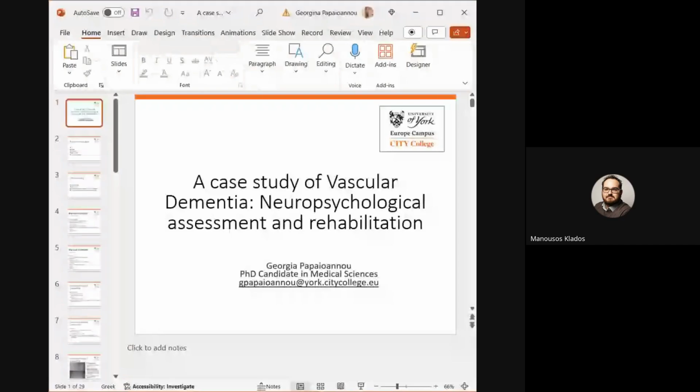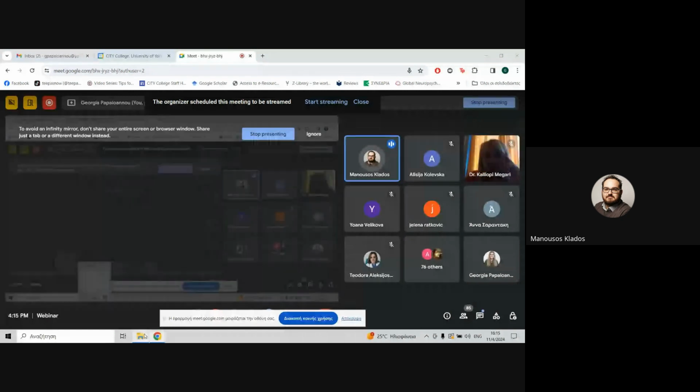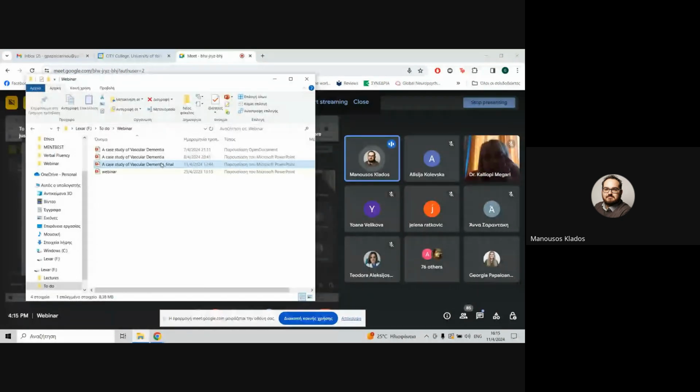Share your entire screen as you did before.